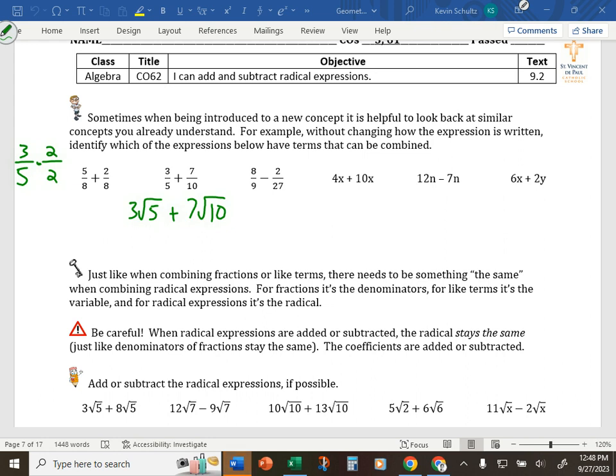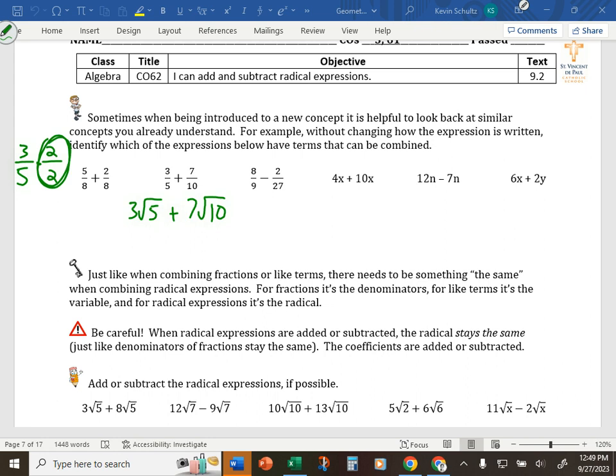If I multiply both the numerator and the denominator by the same thing, I'm not changing the value. If I double this to get 6√10, is that a different value than 3√5? Yes. So I didn't multiply by 1, I multiplied by 2. This only works with fractions because of what anything divided by itself means.